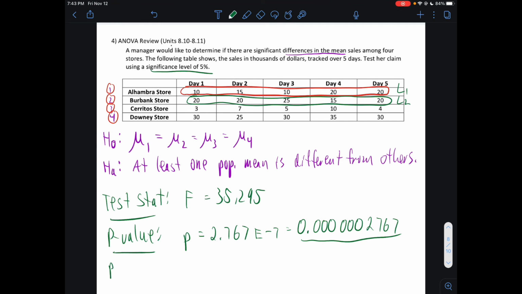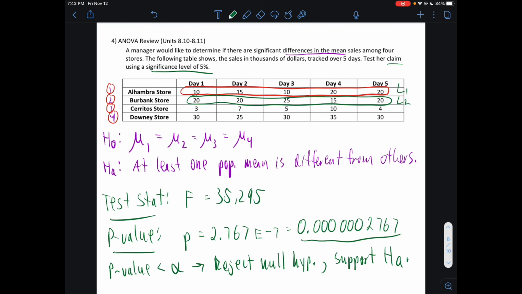So the p-value is less than the level of significance, which we call alpha. What does that mean? Reject the null hypothesis, which also means you've got data that supports the alternative hypothesis. And so then, what is the claim that we were testing?